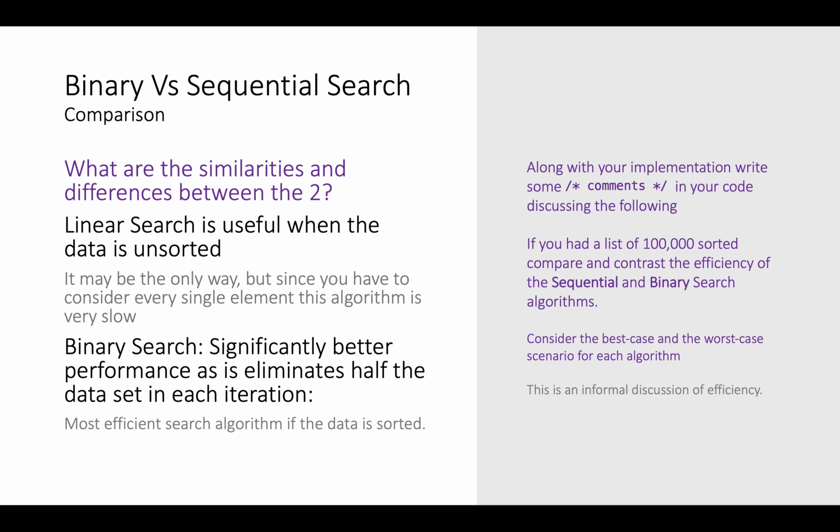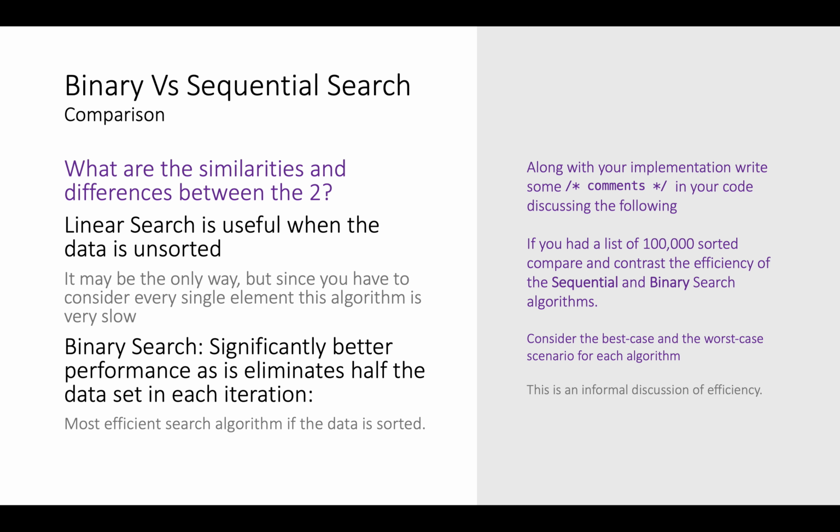But if you had a 100,000 element long list and you're using sequential search and your element was somewhere at the end, so let's say it was element 999, yeah, then you'd have to go through 999 other elements before you found your desired element. So that makes it a problem. So the best case scenario and the worst case scenario is kind of an informal discussion of efficiency, right? This is something that I want you to think about.